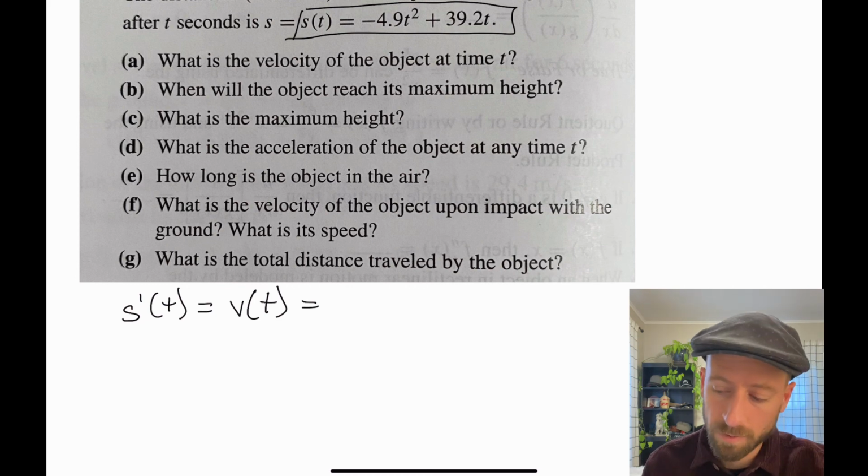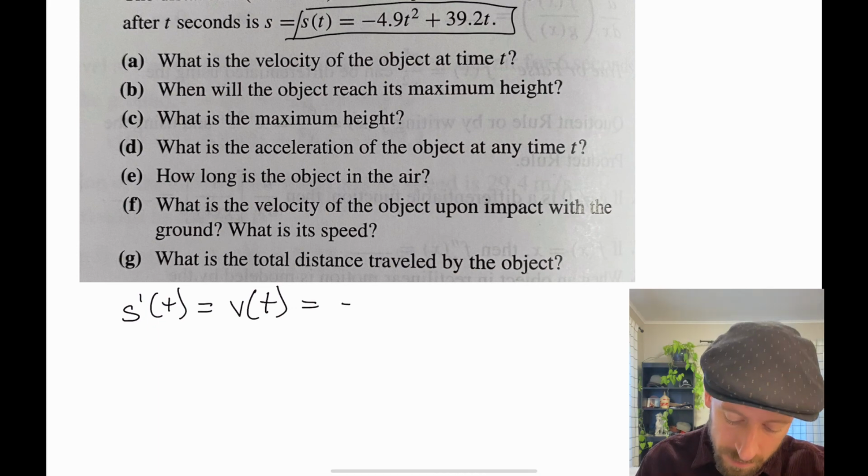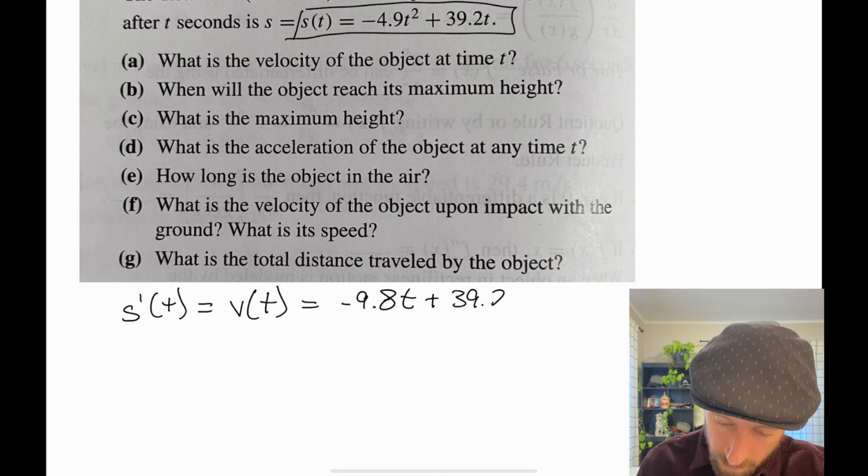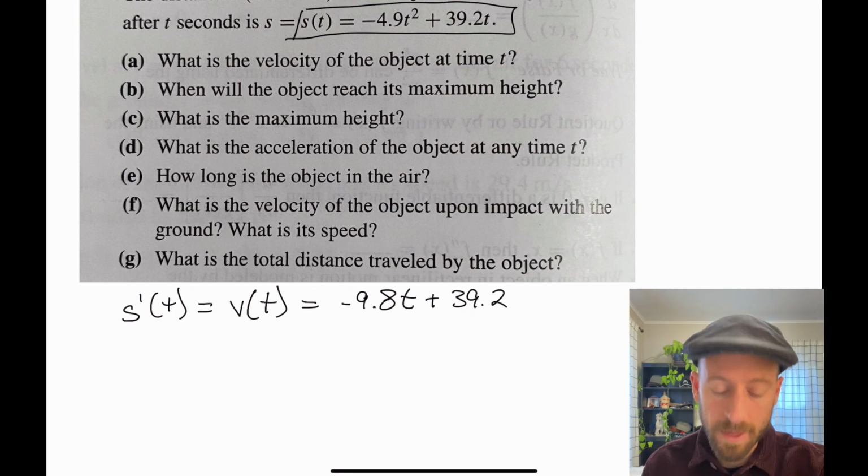So if we're just taking the derivative of negative 4.9 t squared plus 39.2 t, all you need to do is use the power rule. So we're going to bring that exponent down. That's going to give us this negative 9.8 t plus 39.2. Okay, that is our velocity at any time, right?